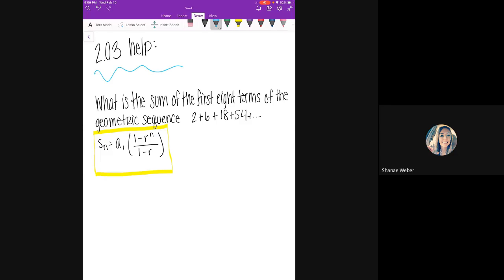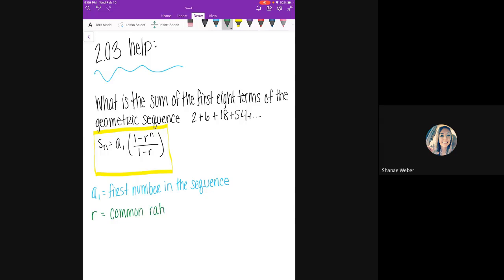Okay, so A1 is always the first number in the sequence. And that's kind of an important one to remember. R is the common ratio.